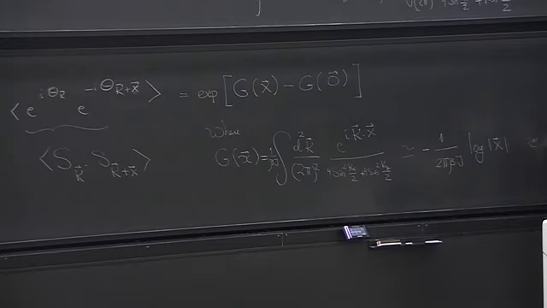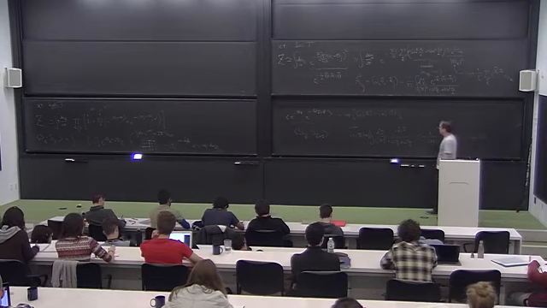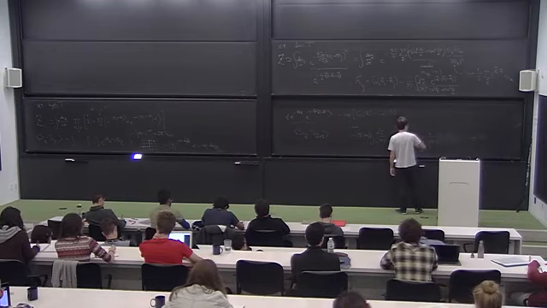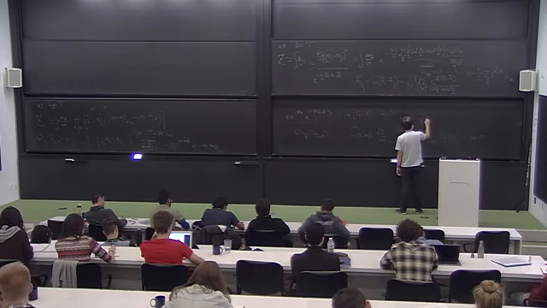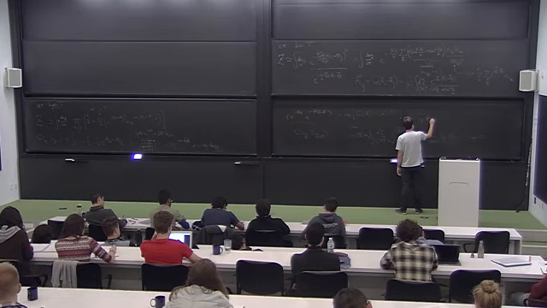And therefore at large distances this integral would behave as 1 over x to the power 1 over 2 pi beta j.